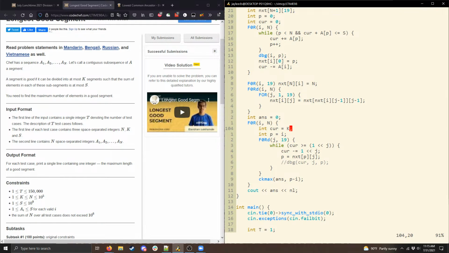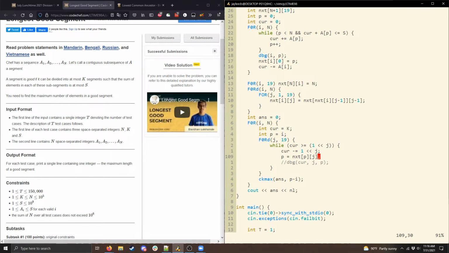And so what I'm going to do is iterate over the powers of 2 in descending order, and while we have at least 2 to the j segments left, I'm going to set p to the next of p of j, which essentially takes 2 to the j segments.